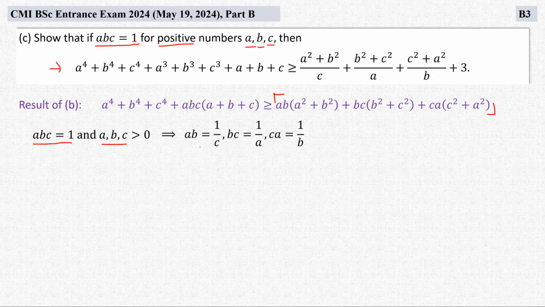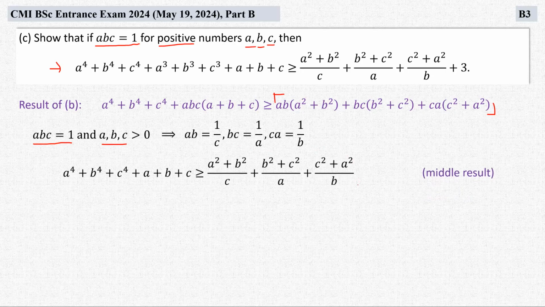Then ab equals 1 over c, bc equals 1 over a, and ca equals 1 over b. Hence we have a to the fourth power plus b to the fourth power plus c to the fourth power plus, this is 1, so just a plus b plus c is greater than or equal to (a squared plus b squared) over c plus (b squared plus c squared) over a plus (c squared plus a squared) over b.